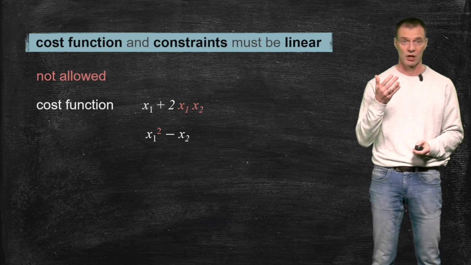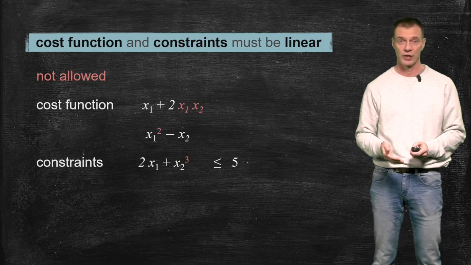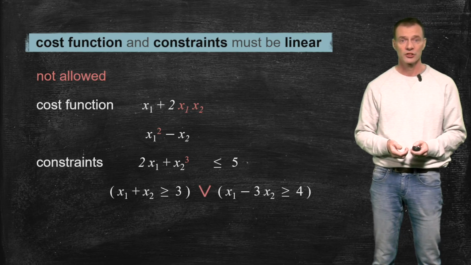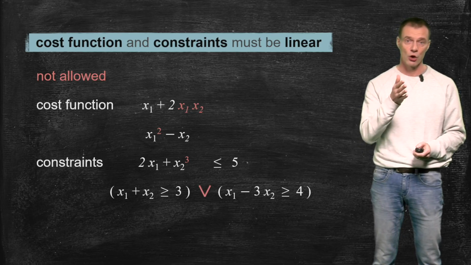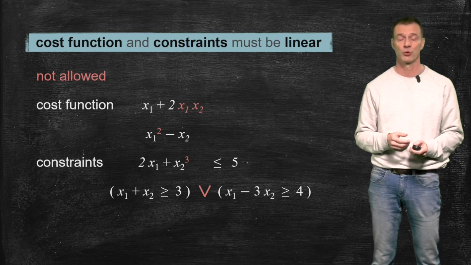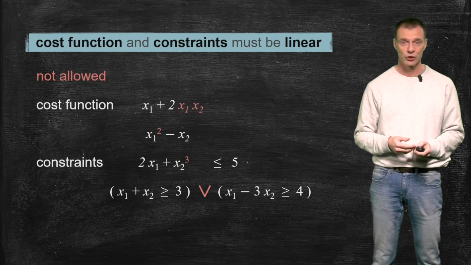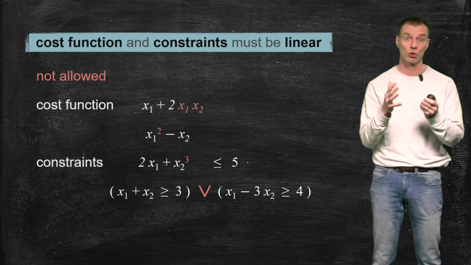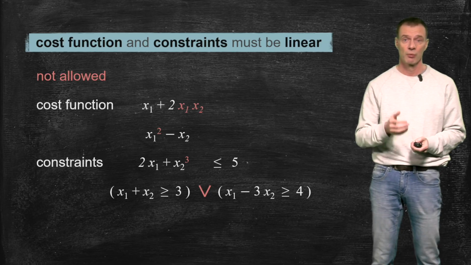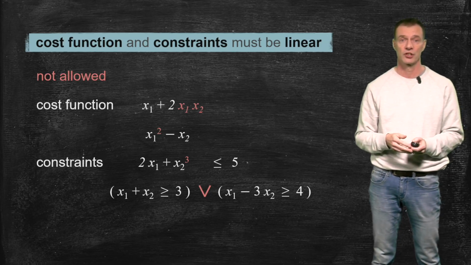So for the cost function, this should be the case, but also for the constraints. So again, something like this is not allowed, and also something like this, which is a combination of 2 linear constraints with an OR between them. That's not allowed. What you can have for the constraints is a number of constraints that should all be satisfied, but you're not allowed to have this constraint or this constraint is satisfied.